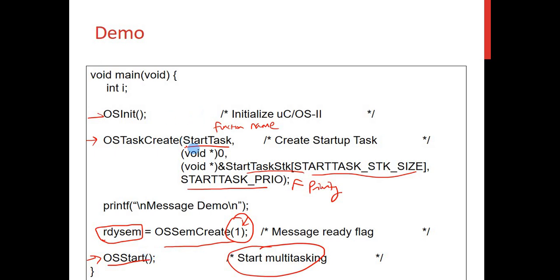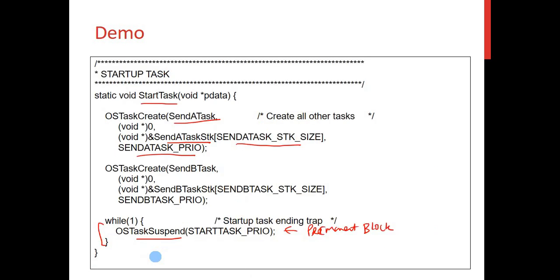You can see the start task is the first task that I created. In start task, I will create two other tasks, send A and send B, and after I create them, I suspend my task indefinitely.